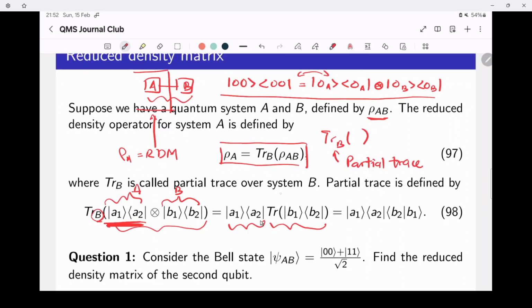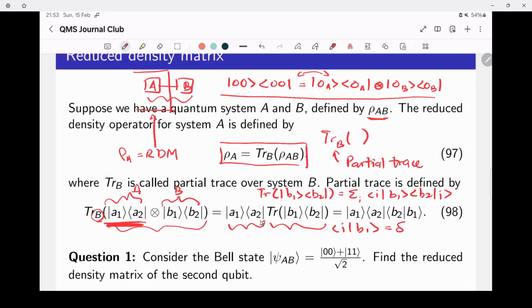And because we know that the trace operation is equivalent to something like this, in this case your trace is over B1, B2. So what you need to do is sum over i of the inner product of i with B1, and B2 with i. And then this whole thing, let's say, I set it i, B1.